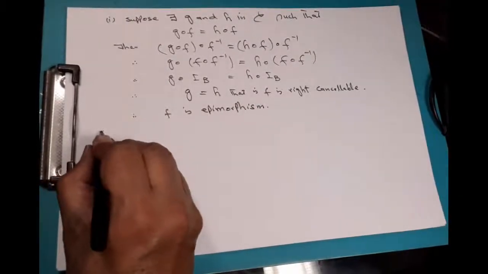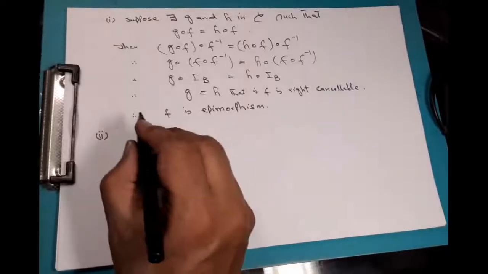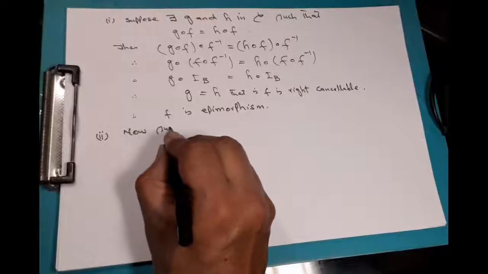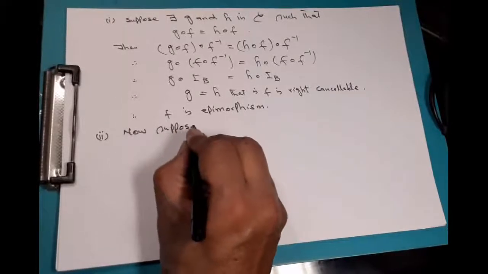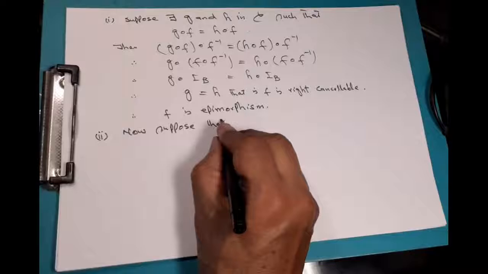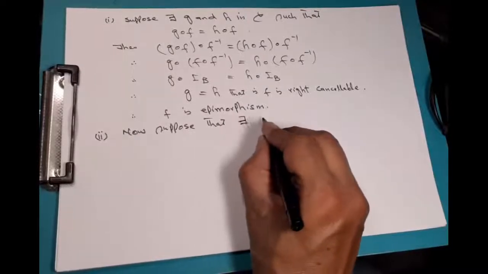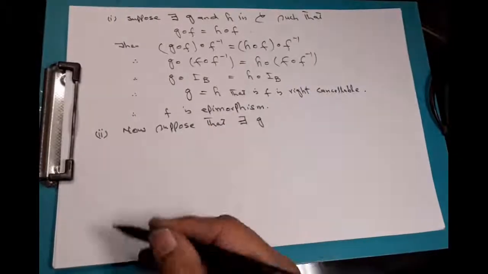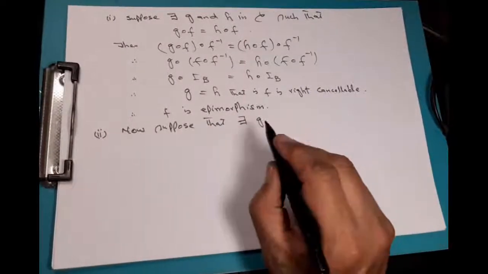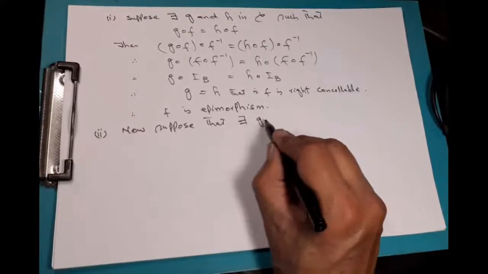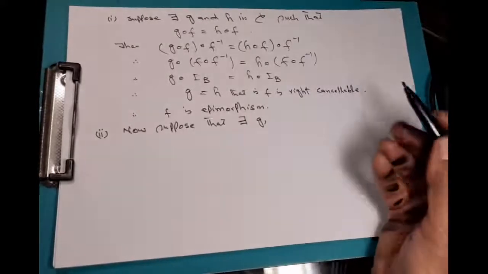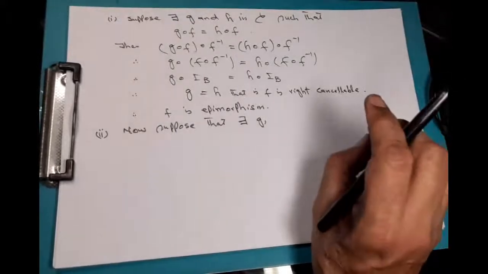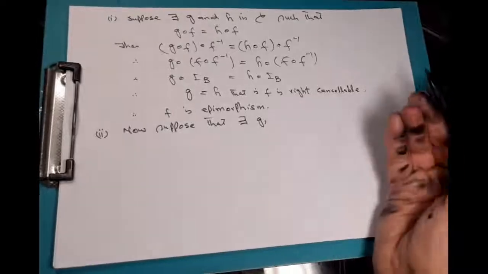Secondly, now suppose that there exist morphisms G and H. We use the same symbols G and H because this is another step. If you like, we can change the symbols and write K and L or something else, but it will be easier and more convenient if we use G and H again.